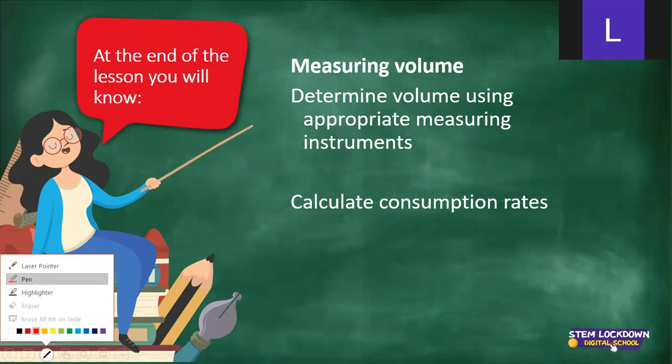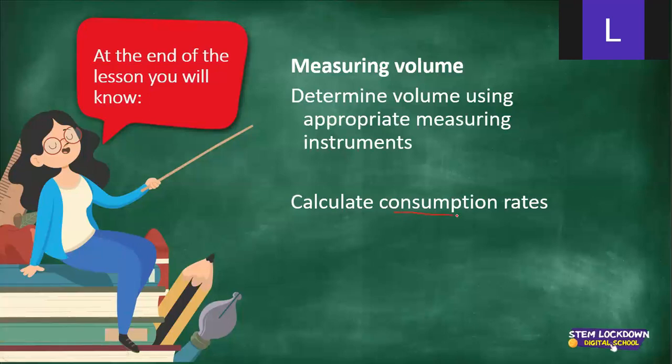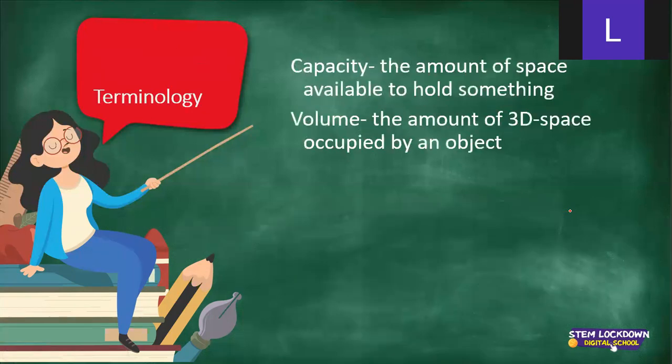We'll also be looking at calculating consumption rate. When I say consumption rate, I basically mean how much time it takes something, maybe like a car, to consume a certain amount of petrol. So that is my consumption rate. Okay, now let's carry on.